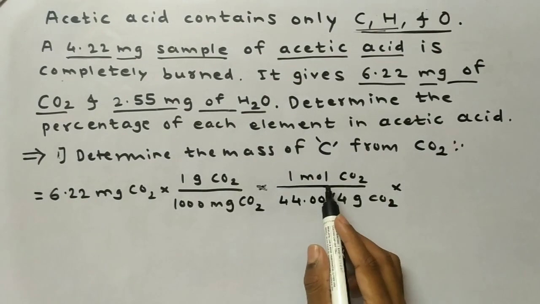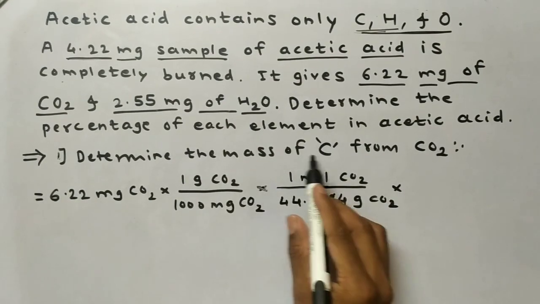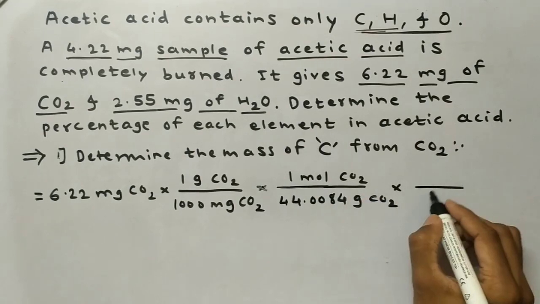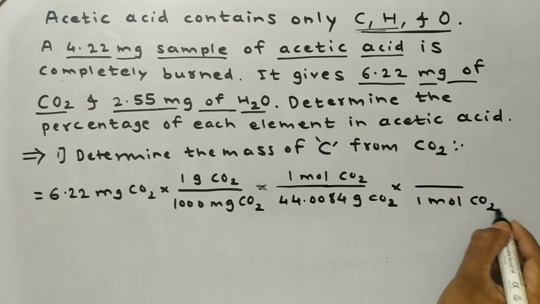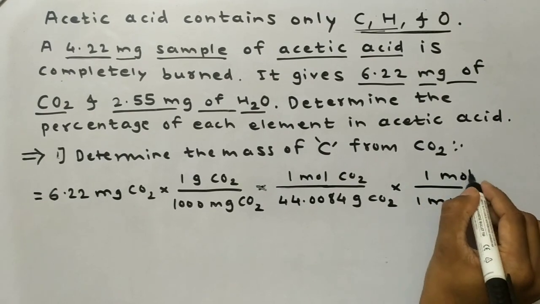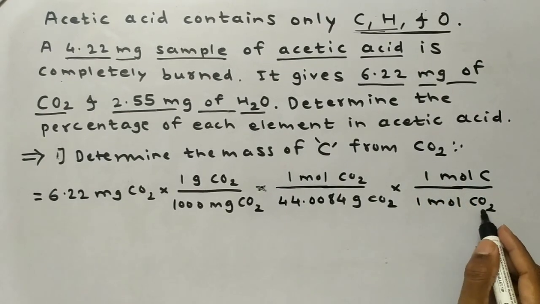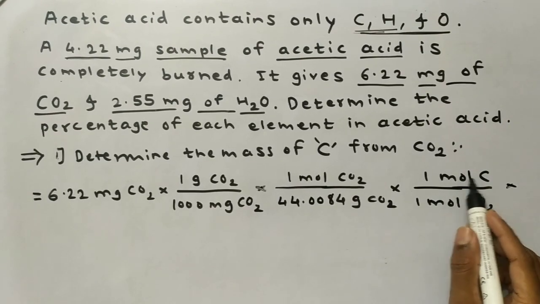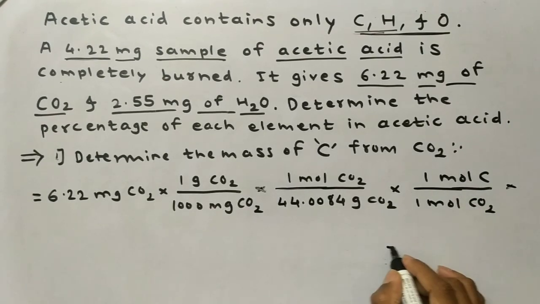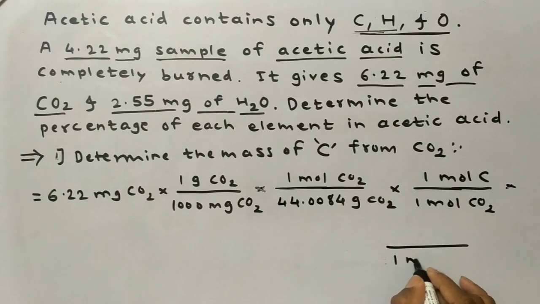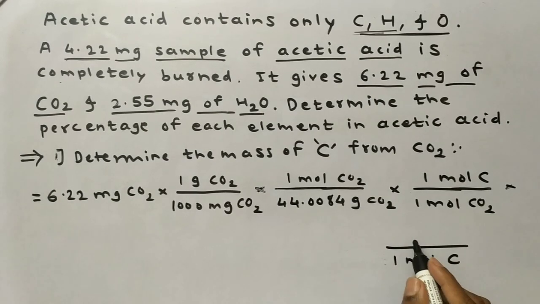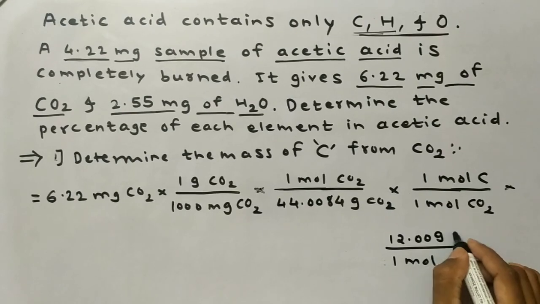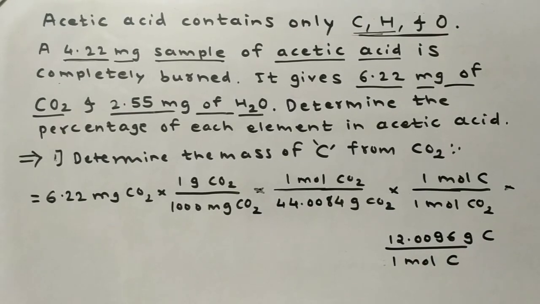Now as we are determining the mass of carbon, in 1 mole CO2 there will be 1 mole of carbon. So 1 mole CO2 contains 1 mole of carbon and we'll convert these moles of carbon to grams, like here 1 mole carbon and the molar mass of carbon is 12.0096 grams.